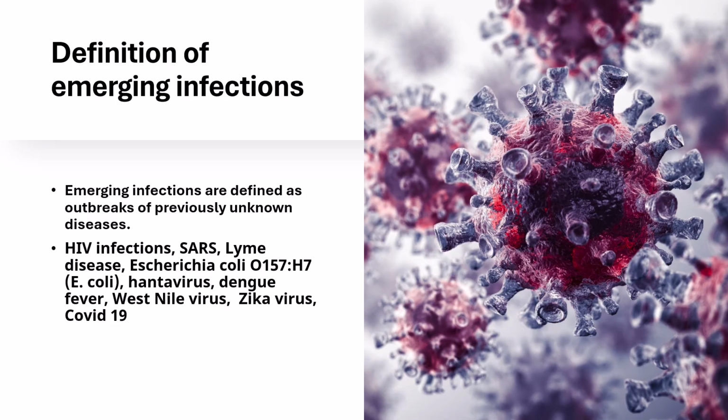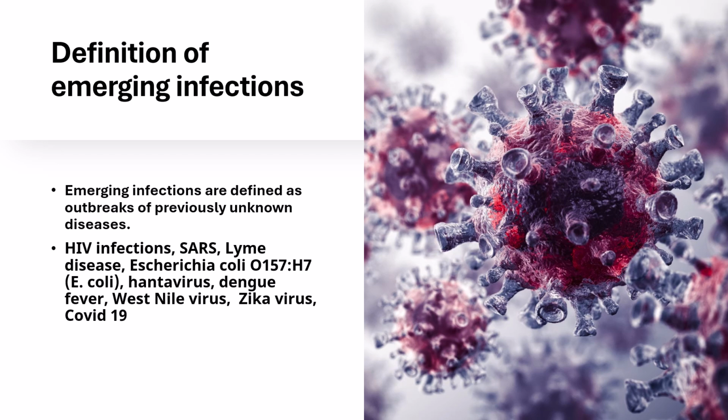Let us see what is the textbook definition of emerging infections. Emerging infections are defined as outbreaks of previously known diseases. They refer to infectious diseases that have recently appeared in a population or have existed but are rapidly increasing in incidence due to a variety of factors.